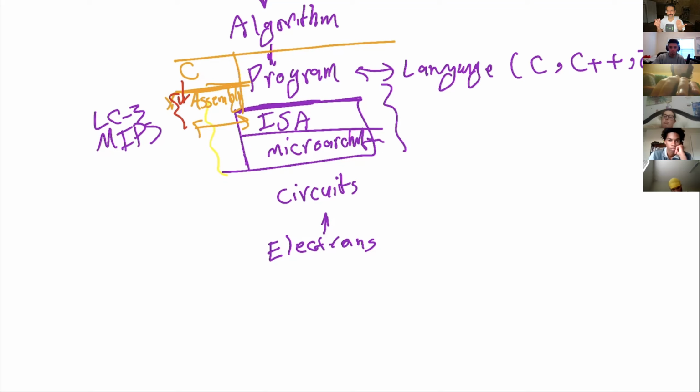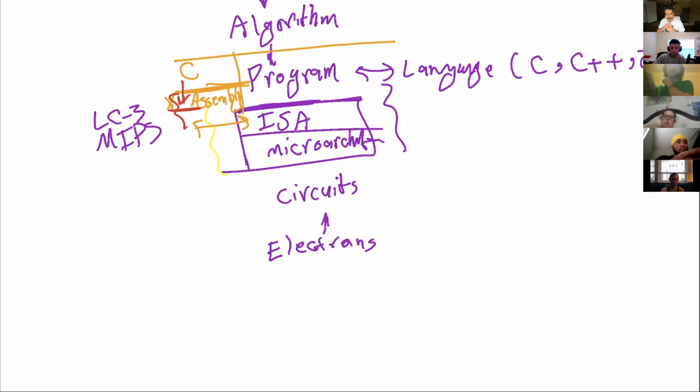Machines do not understand assembly. Machines understand machine code, these 0s and 1s. So this is the machine code that needs to sit in the memory of your machine, as we discussed, and get executed one by one, with this notion or model of von Neumann.